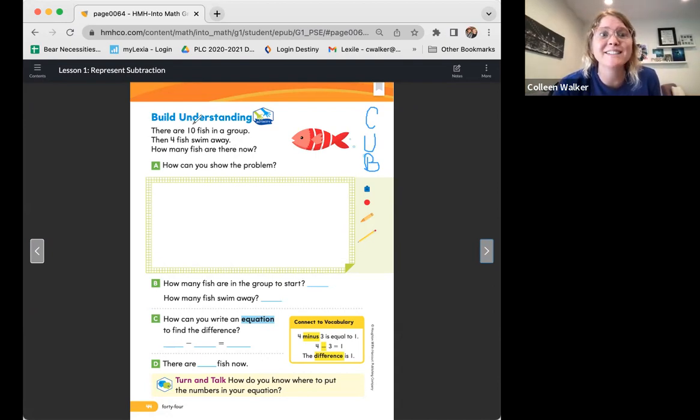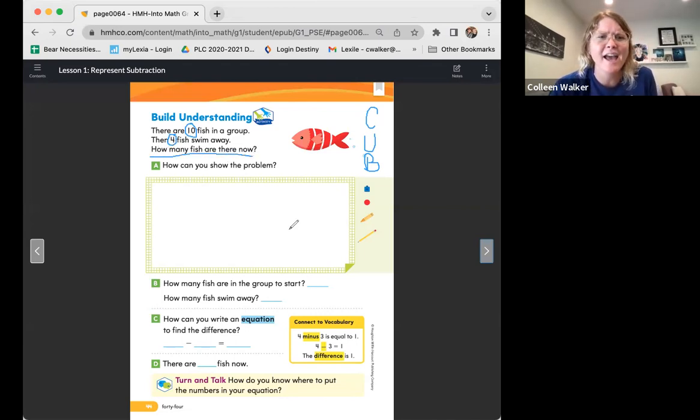It says there are 10 fish in a group. Then 4 fish swim away. How many fish are there now? What was our first thing we needed to do? Circle, that's right. What are we circling? 10 and 4. Awesome. And then step 2, underline the question.